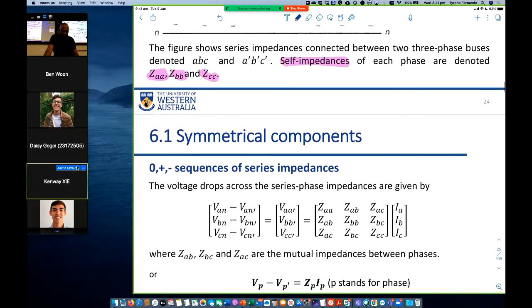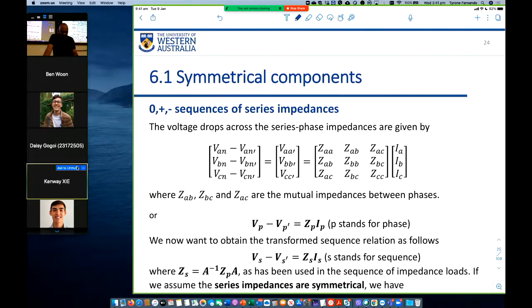Voltage between A and A dash is given by these impedances multiplied by these currents. So ZAA, which is the self impedance, multiplied by current IA, and mutual impedances ZAB multiplied by IB, ZAC multiplied by IC, and so on. So the self impedance values are on the diagonal.